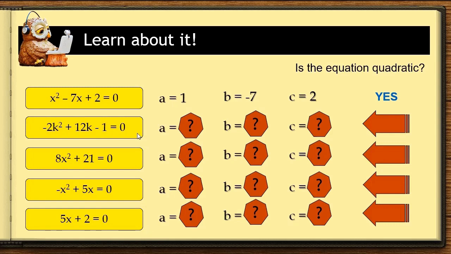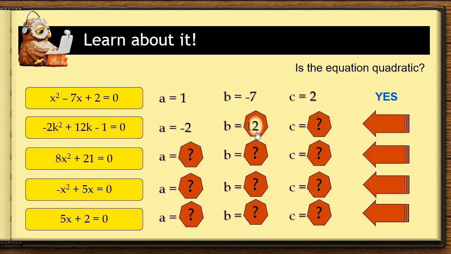In the second example, negative 2k squared plus 12k minus 1 equals 0, the value of a should be the coefficient of the quadratic term, which is negative 2k squared. So a is negative 2. And for the value of b, we need to look for the coefficient of k in the linear term.